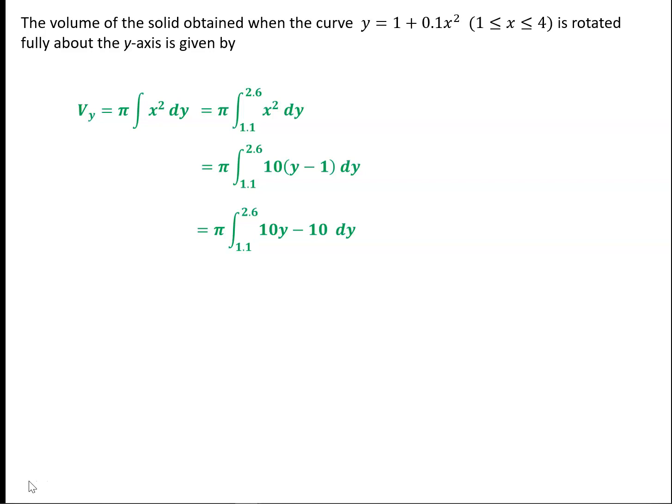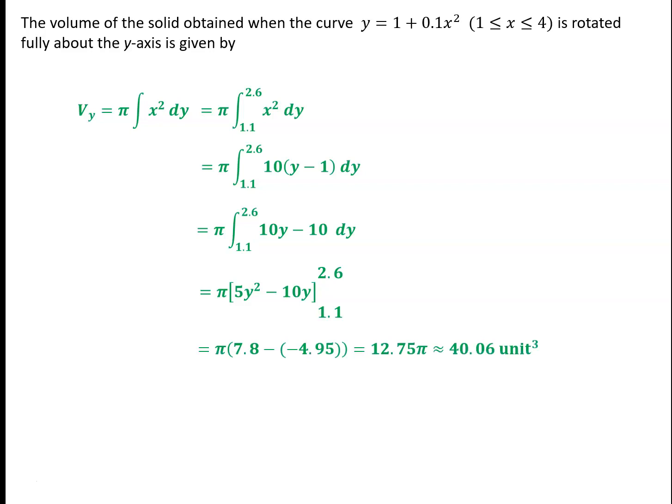So what I've got is pi times the value of 5y squared minus 10y when y equals 2.6, minus the value of 5y squared minus 10y when y is 1.1, which gives me pi times 7.8 minus 4.95, or in other words 12.75 pi, or an approximate value of 40.06 units cubed.